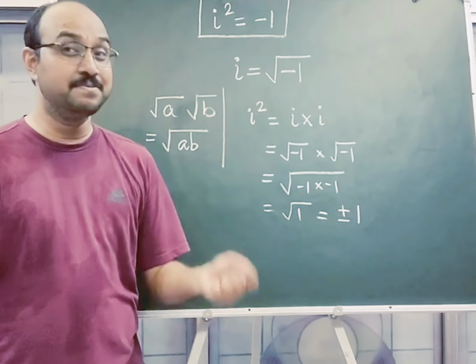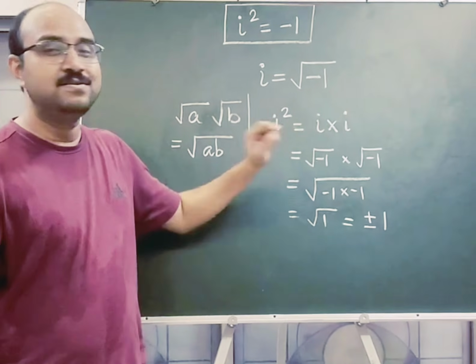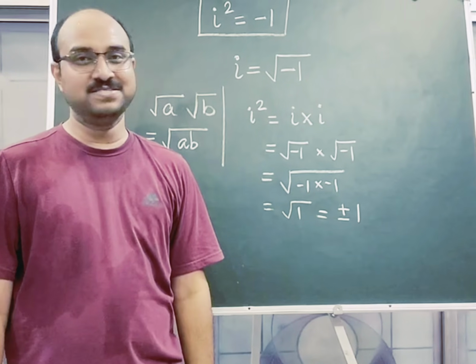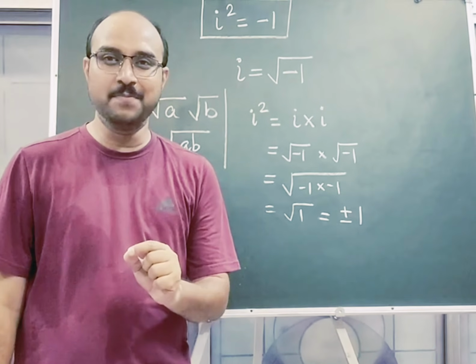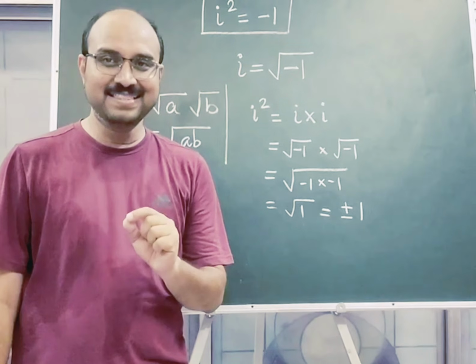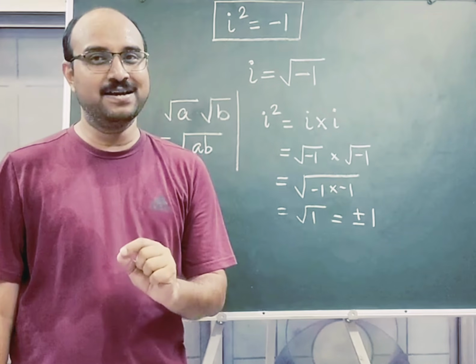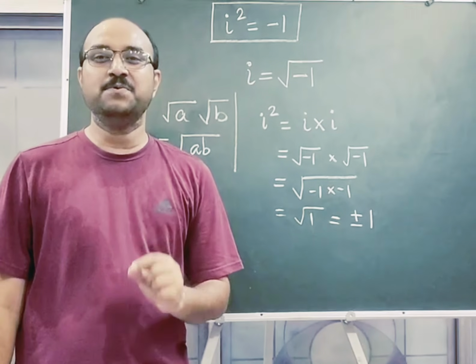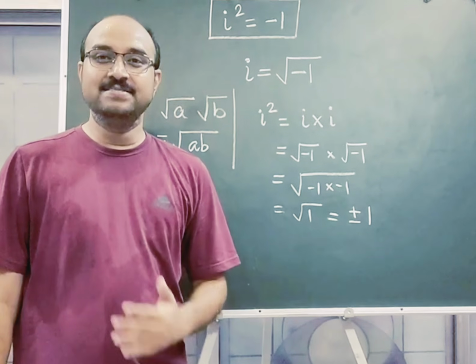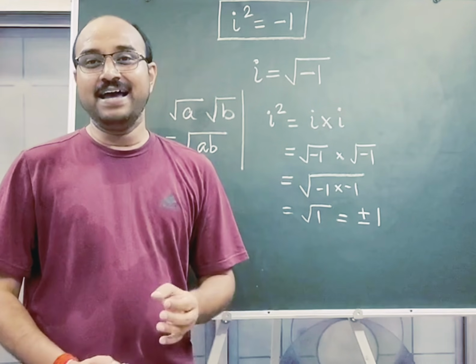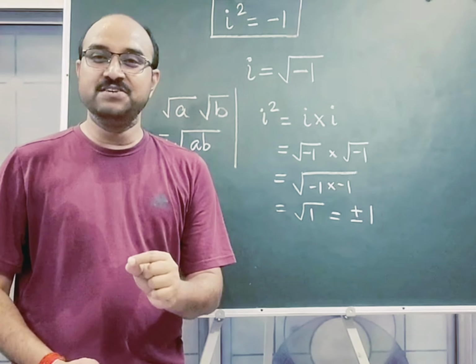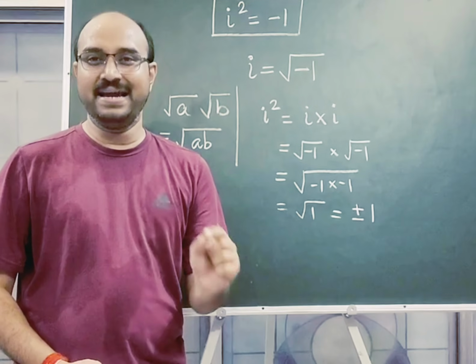Because we replaced I with square root of minus 1, which is not true. So from the next time onwards, if you see anything like this in the textbook, do remember that this definition is not correct. You cannot tell I equal to root over minus 1. Instead, the true definition of I is such a number which if you square gives minus 1.